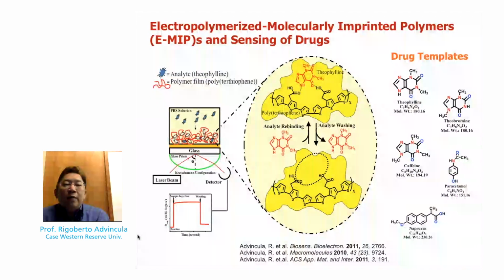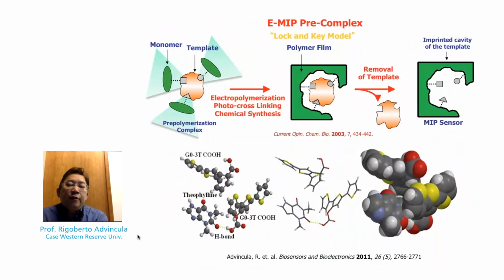We can surround them with monomers based on the thiophene or terthiophene series and electropolymerize them. In fact, the complexation of the drugs with the polymer can be modeled in order to improve the efficiency of the cross-linking process, and we do this by ab initio calculation.